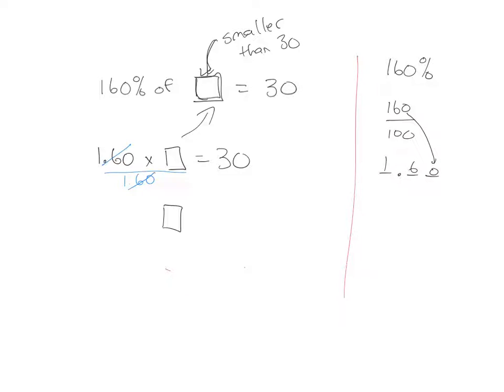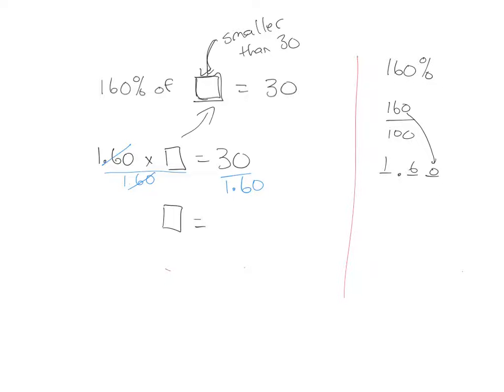But the rule in algebra is if you do something to one side of the equal sign, you have to do it to the other. So I have to take my 30 and divide it also by 1.60. Now, if you look underneath, we're left with just that box on the left side. So we're finding out what that box equals.